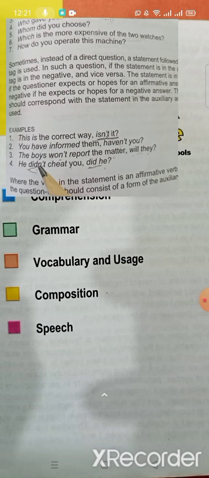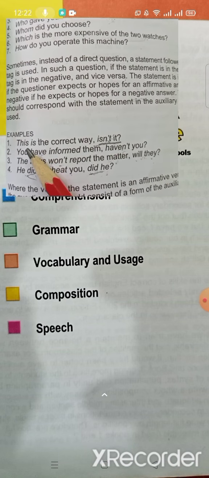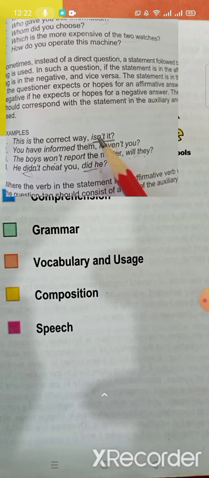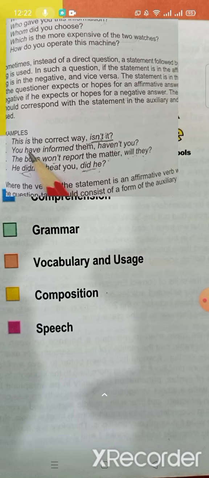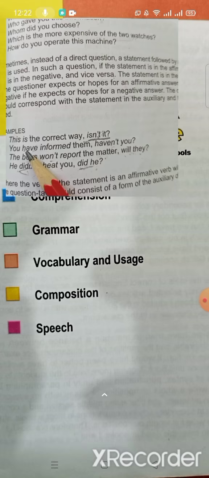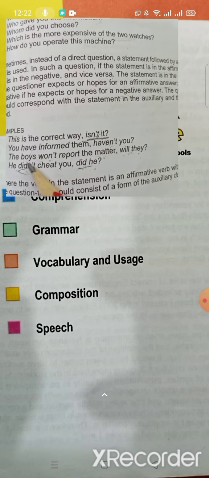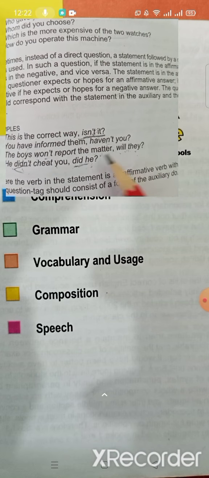There is one term you need to understand: when you use a sentence in the present tense, the question tag will be in the present tense. If the sentence is in the perfect, you will use a question tag in the perfect. If the sentence is in the future, your question tag will be in the future.